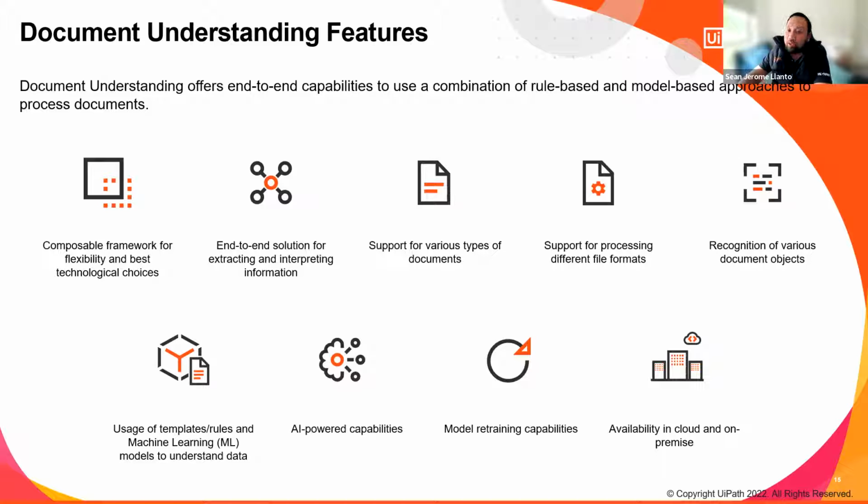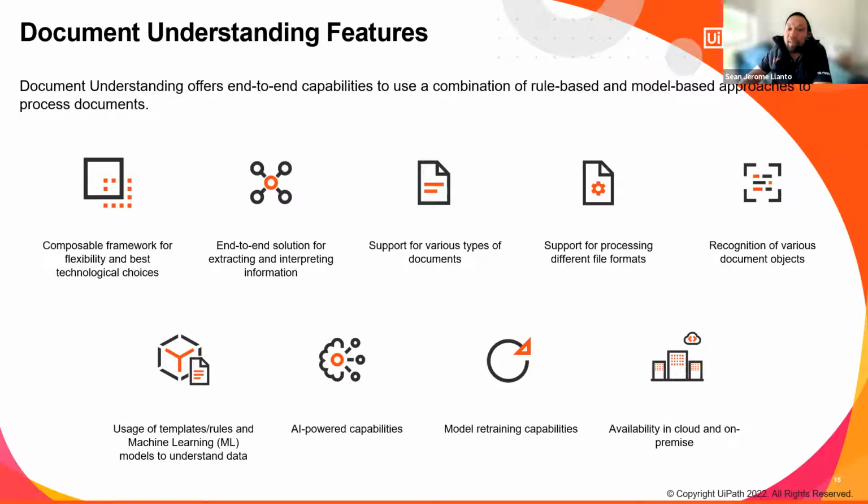You have the ability to process different document file formats as well, such as image, text, and PDF files. It can also help with the quality of documents, such as a rotated or skewed document. It can automatically rearrange that for you. It can recognize various objects such as handwriting and signatures as well.